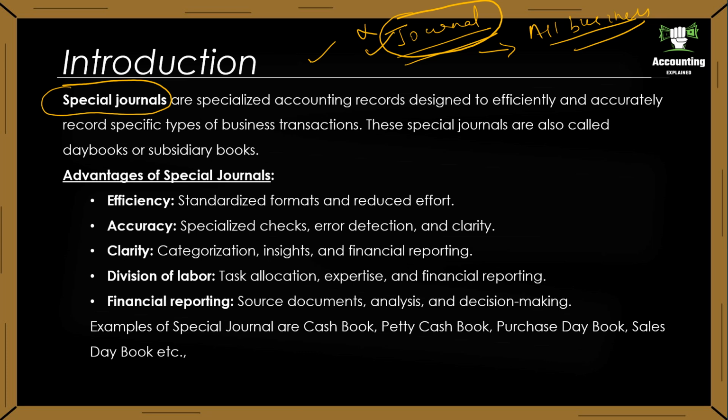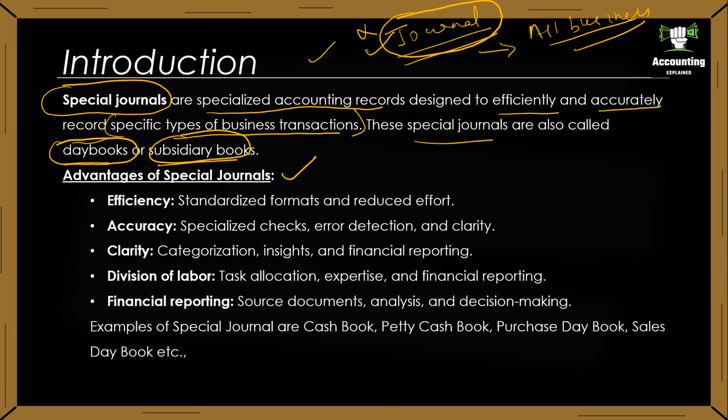Special journals are specialized accounting records designed to efficiently and accurately record specific types of business transactions. So what are the specific types of business transactions here? The transactions which are very much repetitive in nature. These special journals are also called day books or subsidiary books.